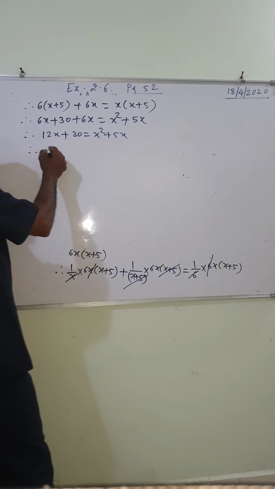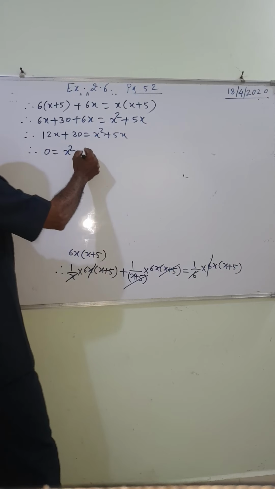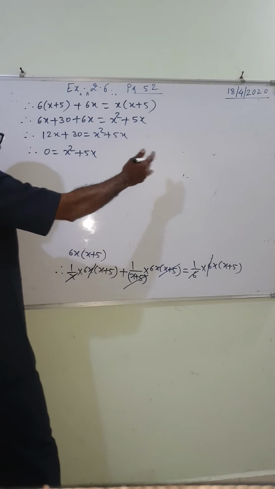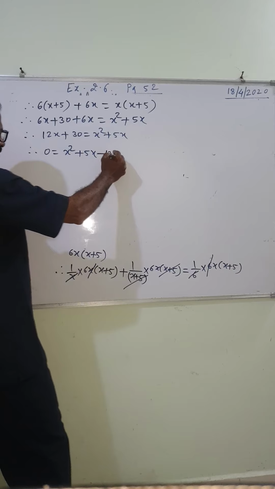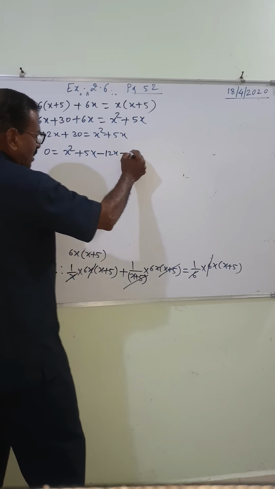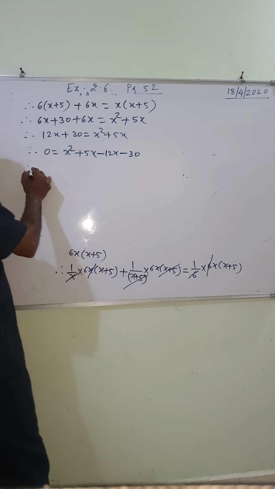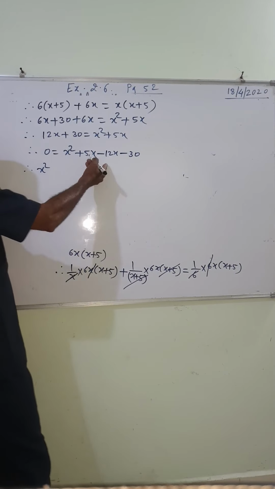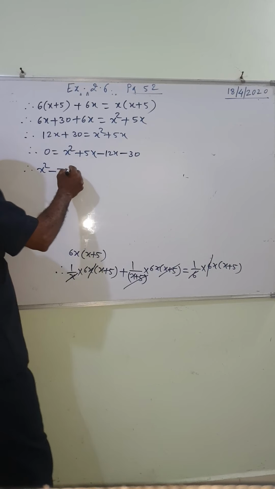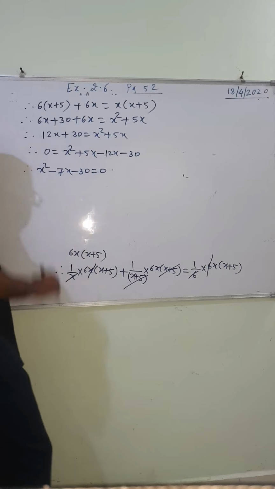Therefore, 0 equals x square plus 5x, and take this on that side, minus 12x. This plus 30 will become minus 30. Rewriting properly: x square minus 7x, see the sign, minus 30 is equal to 0.